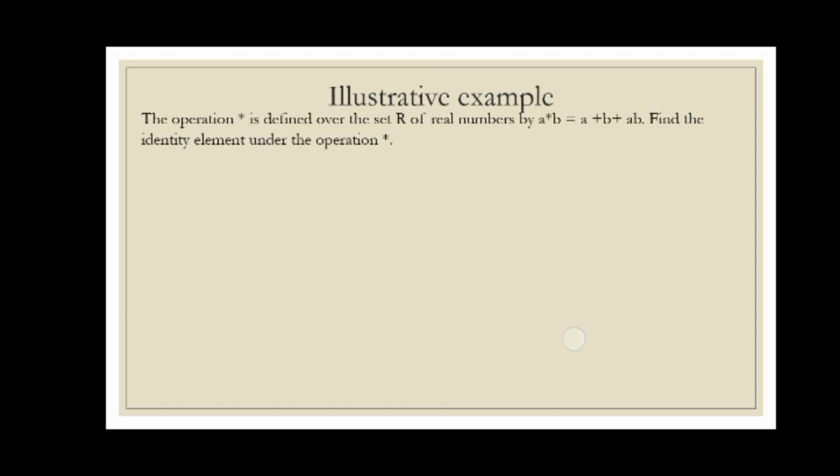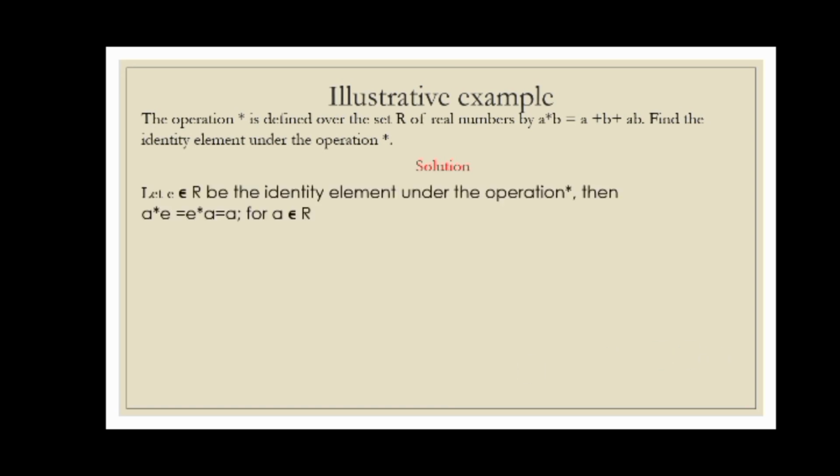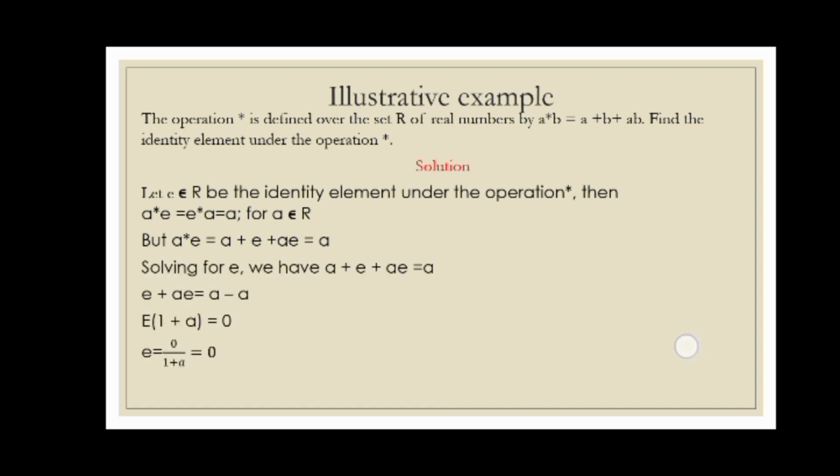Okay, so let's work it out. The first thing to do is let E belonging to R be the identity element under the operation star. So I told you to represent E as the identity element.